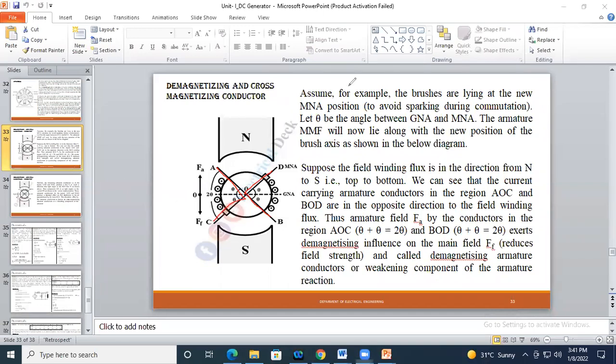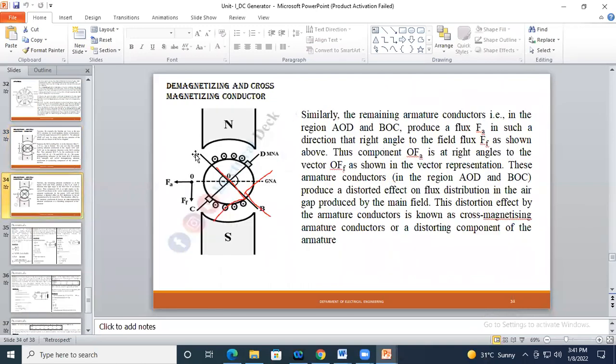And the cross magnetizing we have discussed: all the remaining conductors except the demagnetizing conductors will produce the effect of cross magnetizing. That means the conductors lying under angle AOD and the conductors lying under BOC will produce the effect of cross magnetizing.